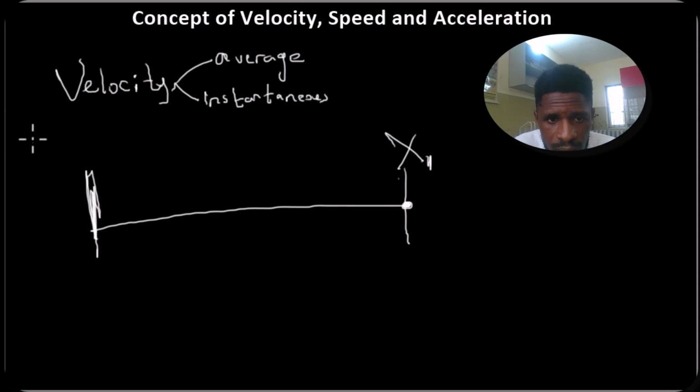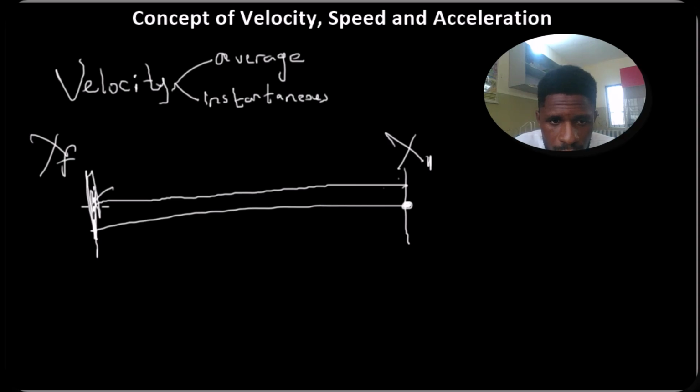So this is my x initial, this is my x final, and I have a car traveling this way till it gets here. From the previous video, we know that the phenomenon that describes this motion is displacement, because my car has an initial position at this point, which we refer to as x1, and then my car ends up at this point, which we refer to as xf, my final position.